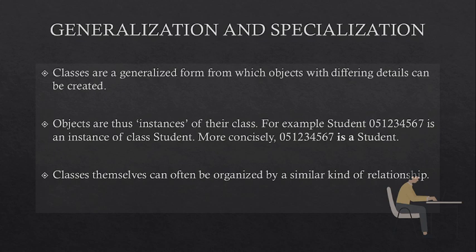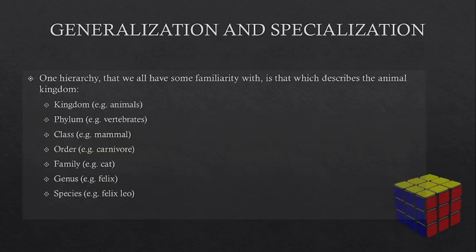Okay. So classes themselves can often be organized by a similar kind of relationship. They have a relationship that describes or connects them with other classes. Here, I think you're familiar with the hierarchy, right? At the top is the general level, followed by your subcategories, the sub-levels. In organizational charts, at the top is the president, and under the president are the following.